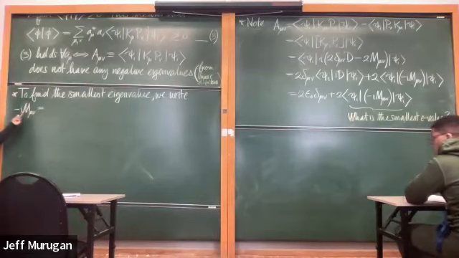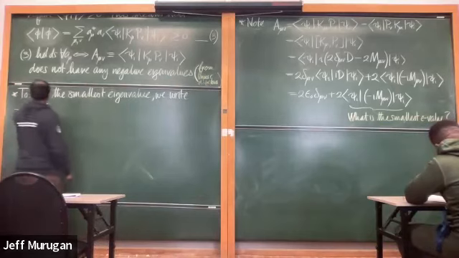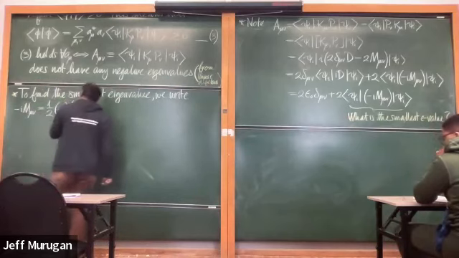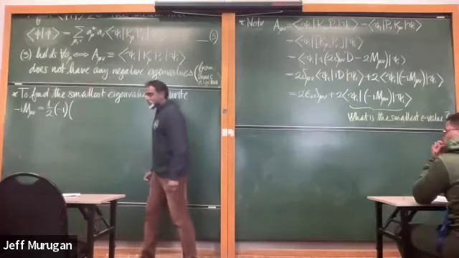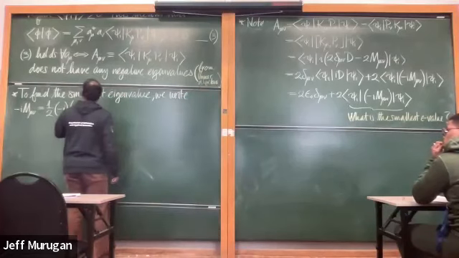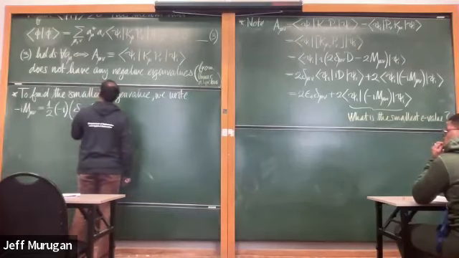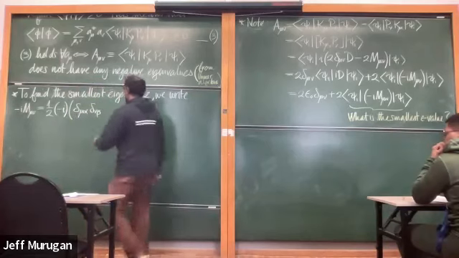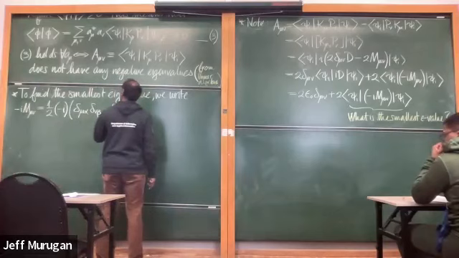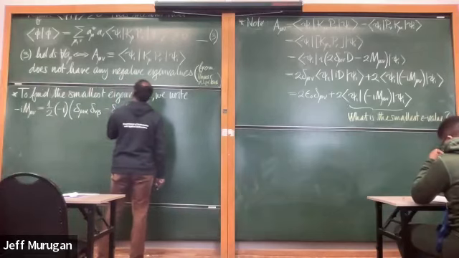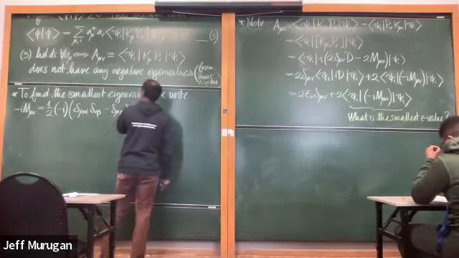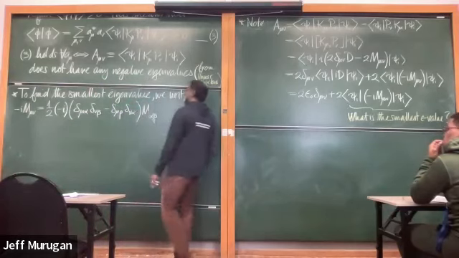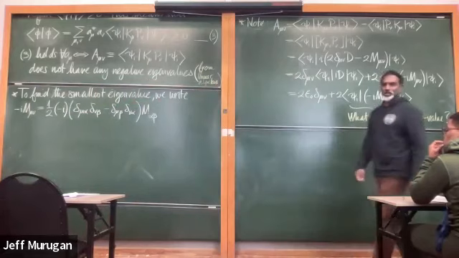Firstly, I'm going to take 2 copies of this guy. So that's equal to a half times minus i times delta mu alpha delta nu beta minus delta mu beta delta nu alpha times m alpha beta. But I haven't actually done anything here.